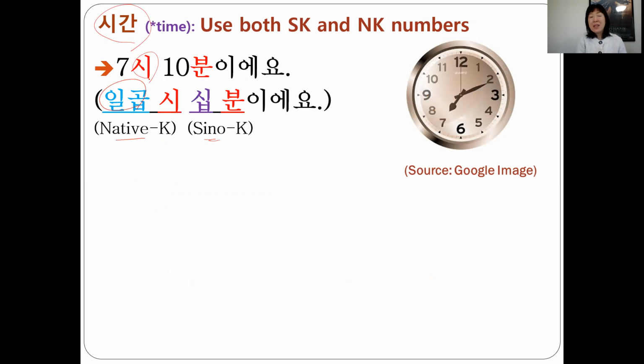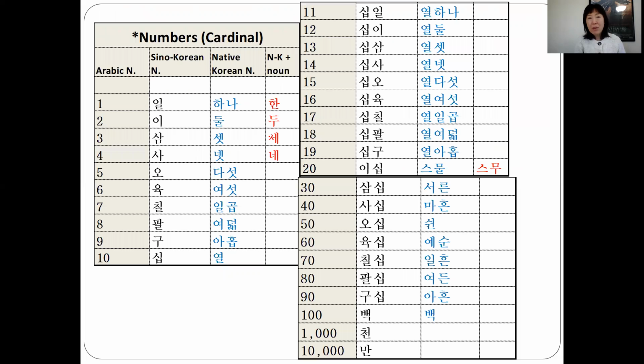So this is the unit of hour, I mean the time, and this is the unit of 분. Saying 일곱 번째 hour is weird, so 7:10 we call 7시 10분. Remember, each time you encounter new counters, you have to remember which number goes with the counter.